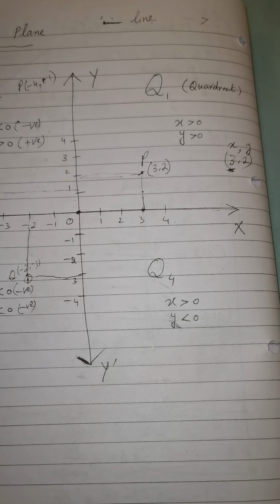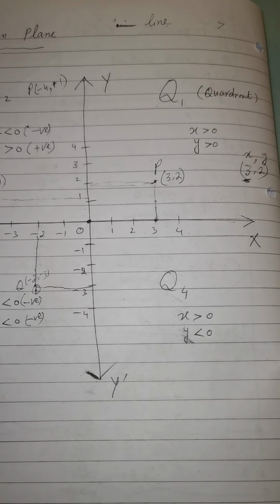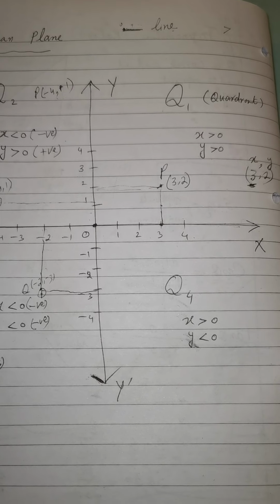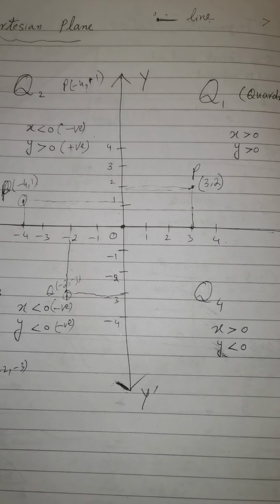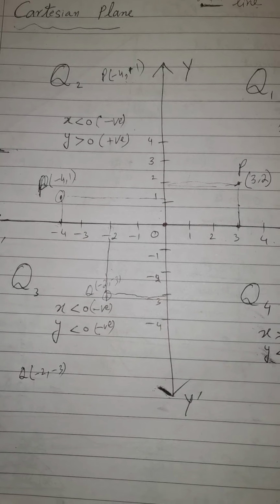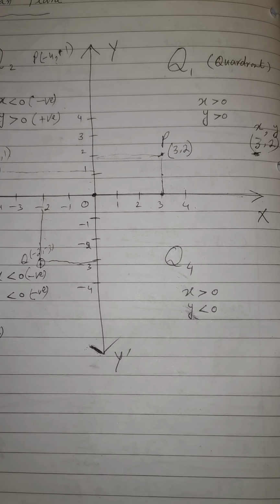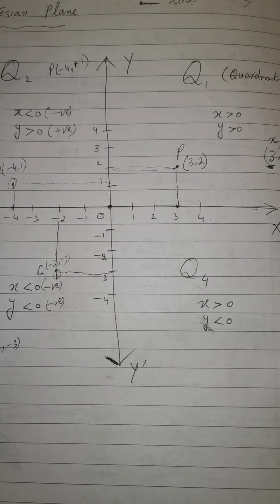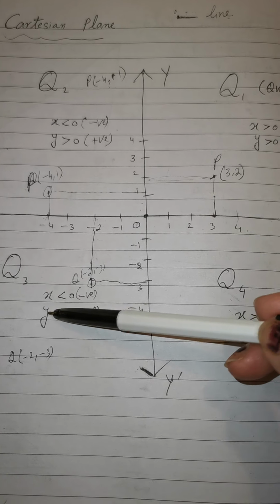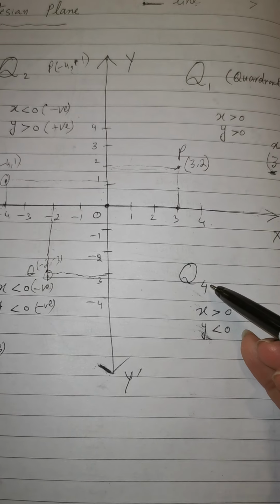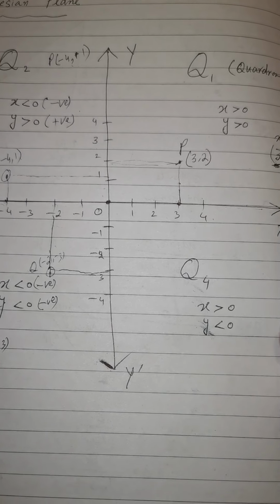So in this way we will draw points. We should know about the nature of the points, whether x is positive, y is negative, y is positive, or x is negative. Whatever the nature of the point is, we will draw it in the relevant quadrant. So we have quadrant 1, quadrant 2, quadrant 3, and in quadrant 4 you can check x is positive.